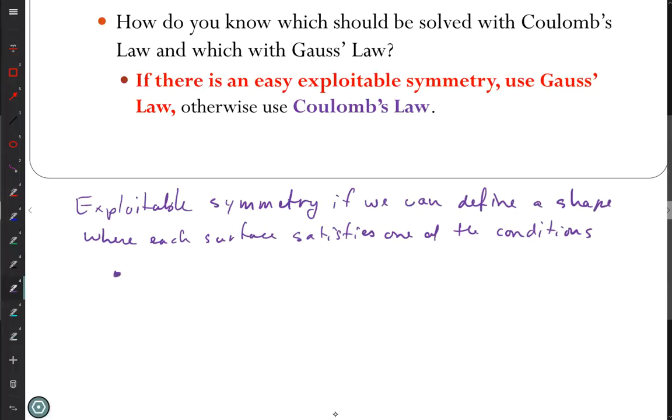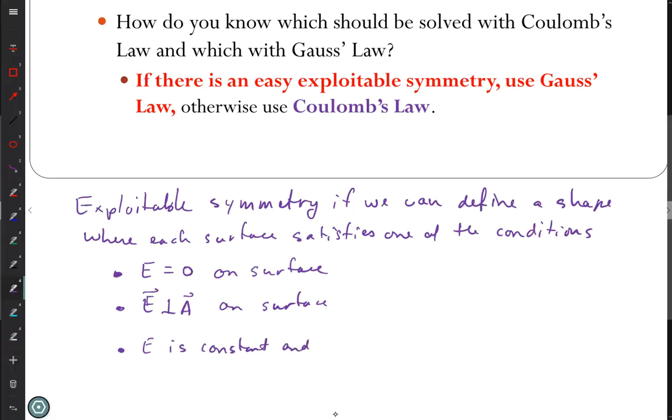What you want that shape to do is have either electric field equals 0 on a surface, or electric field is perpendicular to area on the surface, or electric field is constant and the angle between electric field and area is constant on the surface.